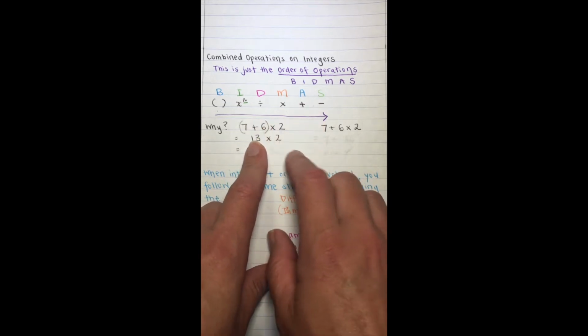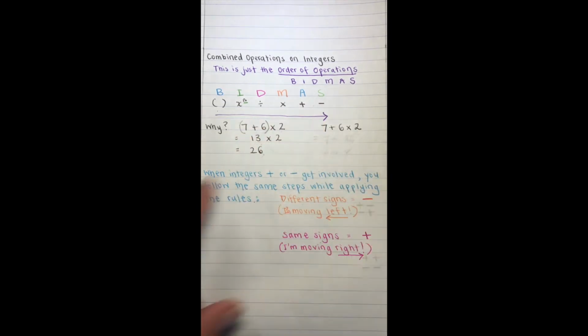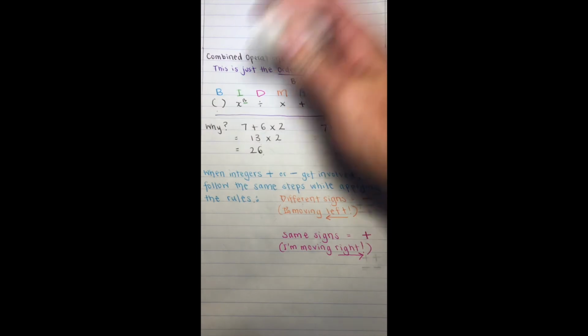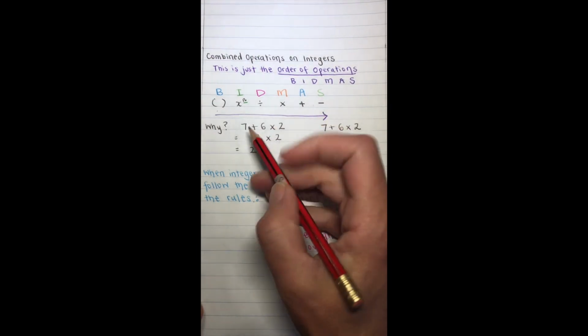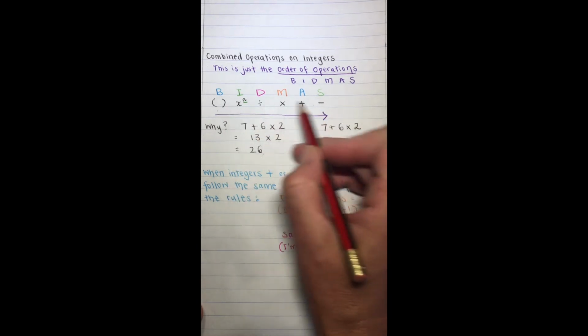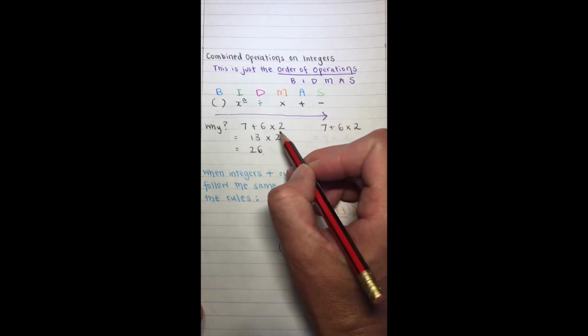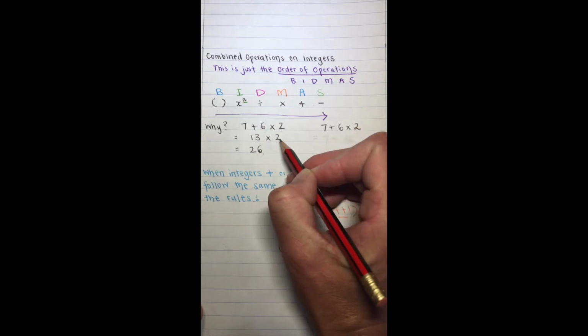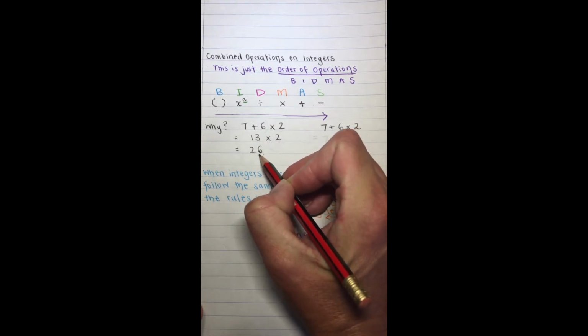So let's just have a little reminder. I'll just actually get rid of those little brackets. I meant to add them after. In this first sum here, we can see we've got 7 plus 6 times 2. Without looking at the order of operations, if I just work left to right, 7 plus 6 is 13. 13 times 2 is 26.